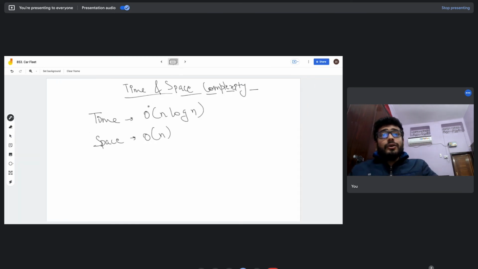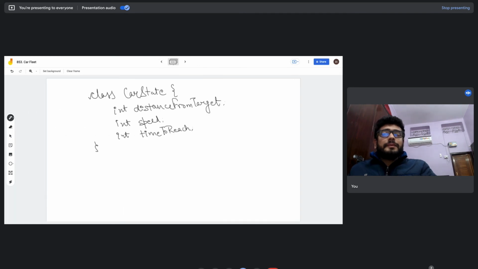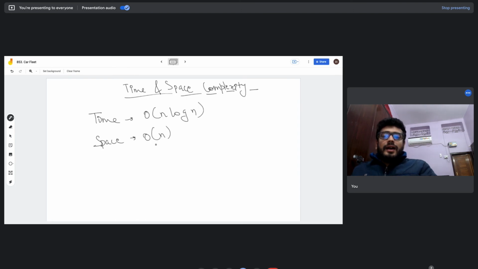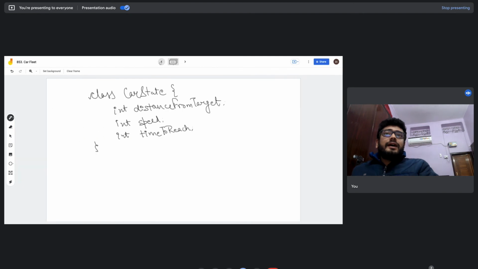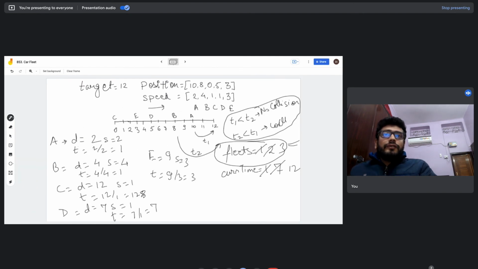So let's look at the time and space complexity. If we talk about the space complexity, as I already said, there are n cars, each car is represented by this state. So the space complexity would be O of n, right? Now if we talk about the time complexity, the first step is to calculate the time each of these cars takes to go to the final target.